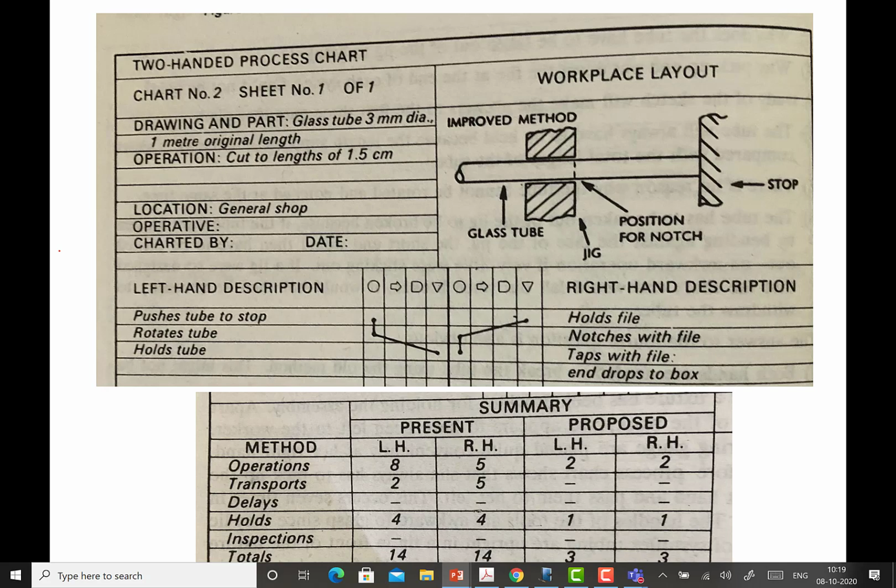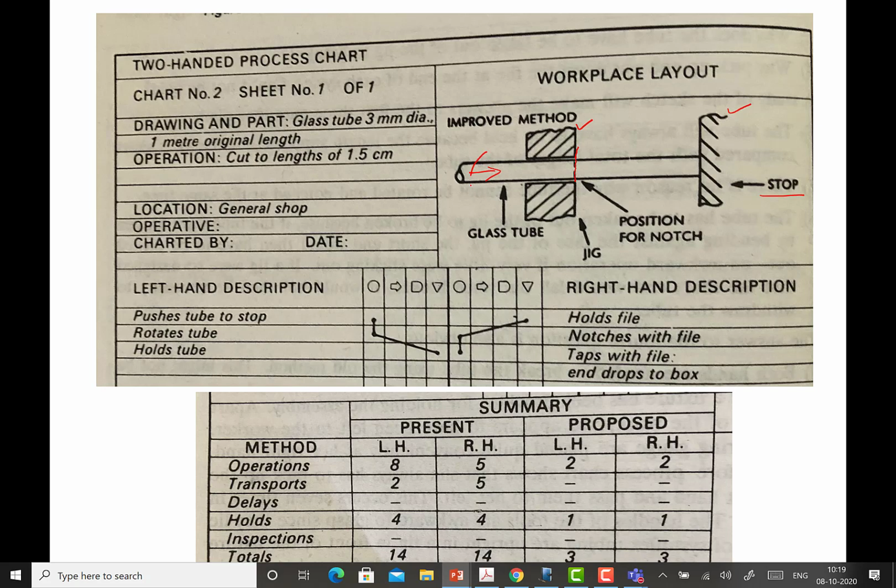In this case, this is the jig and the stop. In the improved method, the tube is inserted through the jig and pushed against this stop. Here the file is placed directly, on the right hand side.